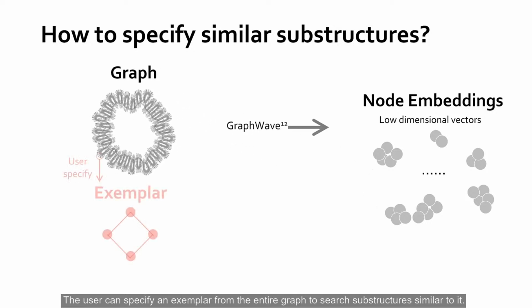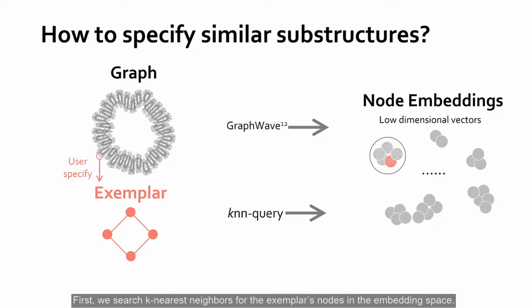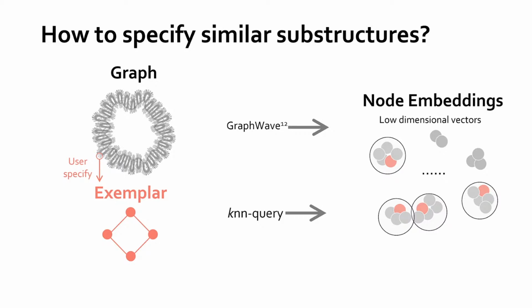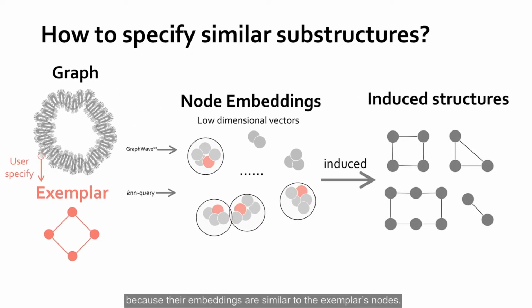The user can specify an exemplar from the entire graph to search substructures similar to it. First, we search k nearest neighbors for the exemplar's nodes in the embedding space. As we know, embeddings generated by GraphWave capture node topology information. So these k nodes can form similar substructures because their embeddings are similar to the exemplar's nodes.